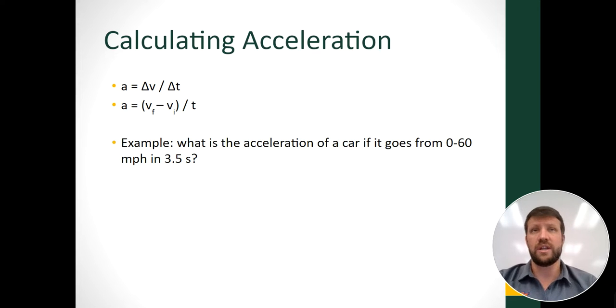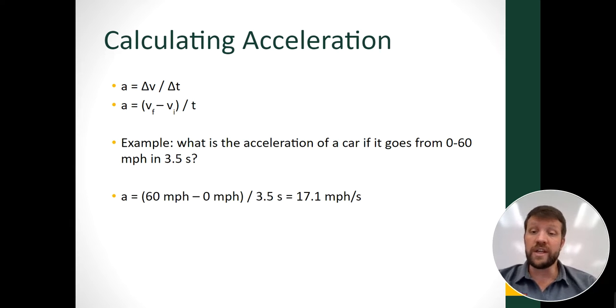Big acceleration, right? You hear about a muscle car maybe. It's going from 0 to 60 and whatever. I want to talk about that because we've got a common misnomer here as well. So what we're looking at if we plug our numbers into that equation is 60 miles an hour minus 0 miles an hour divided by 3.5 seconds. So I now have 17.1 miles per hour per second.